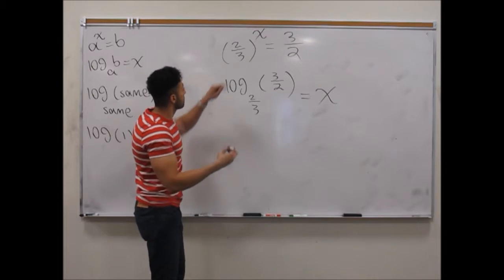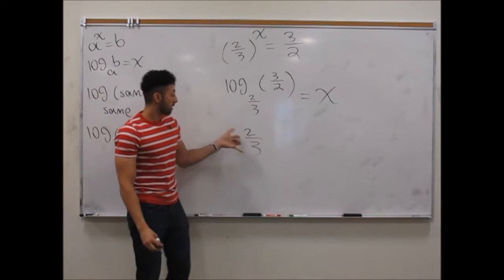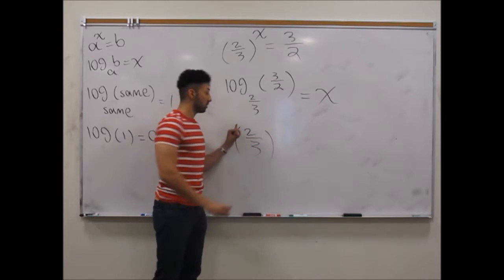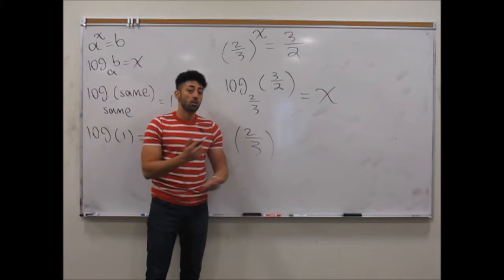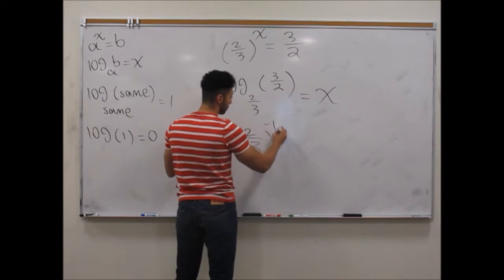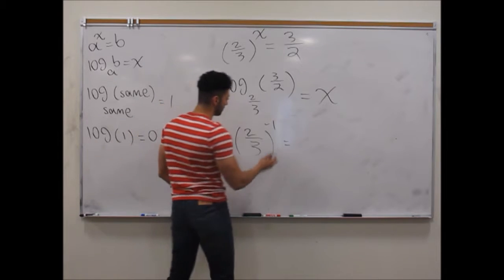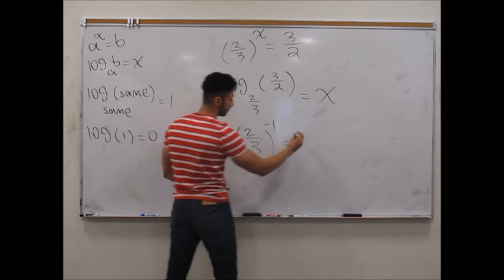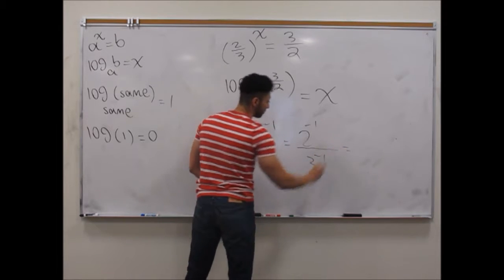Okay, so if I have 2/3 here, what I want is just to raise it to an exponent that pretty much makes it flip, right? That's just going to come from our negative exponent laws. If I were to raise this to the negative 1 power, it would cause it to flip, because this negative would get distributed to the top and bottom. We get 2 to the negative 1 power over 3 to the negative 1 power, right?